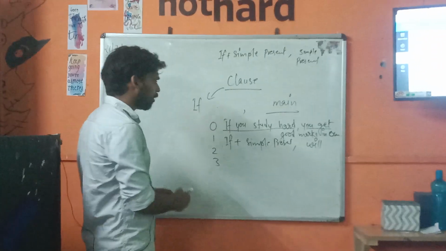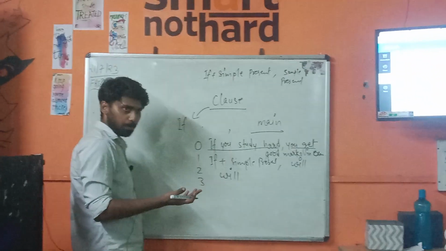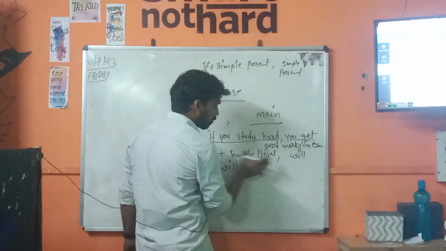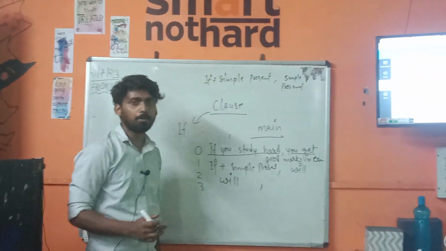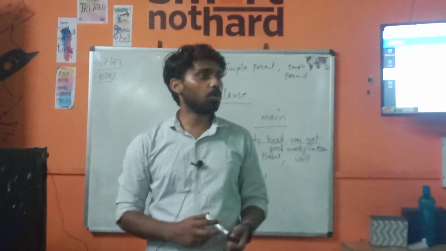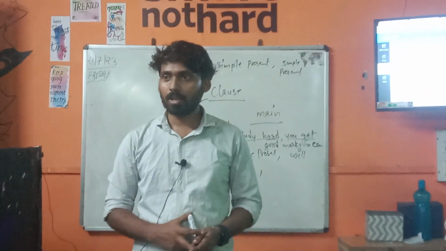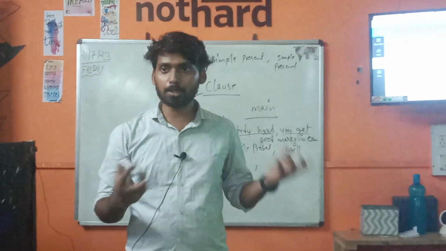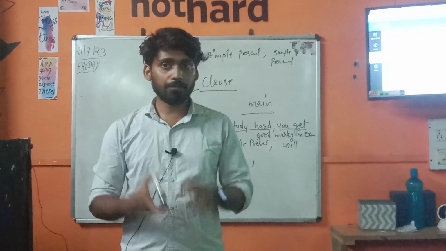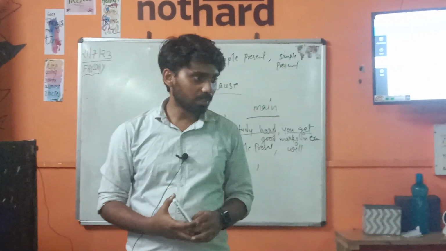You can use it like this also, with will in the starting, simple future, and the if clause you can put here. For example, I will give you chocolate if you perform well. I will give you a surprise party if you listen to me or if you get good marks in your exam.